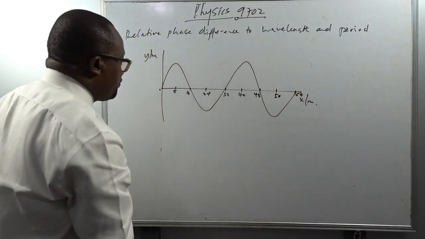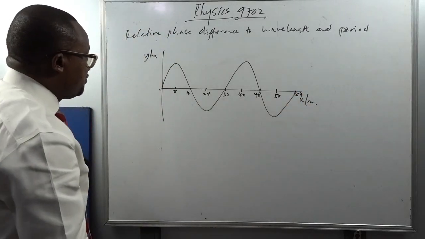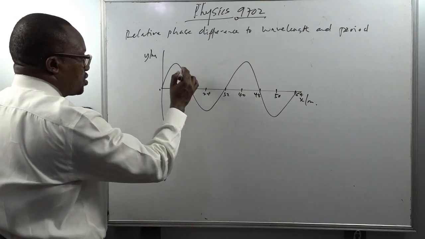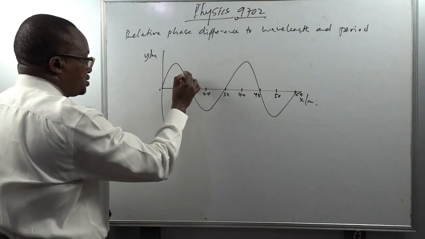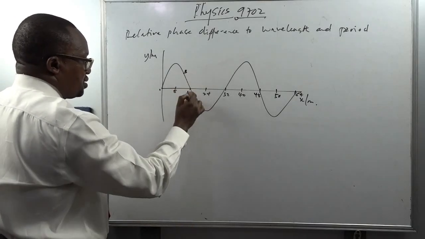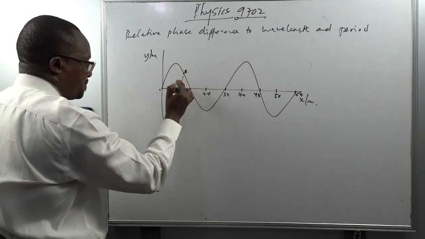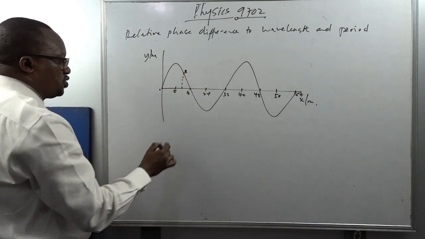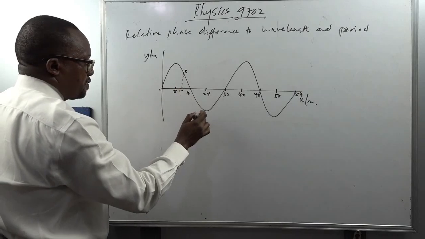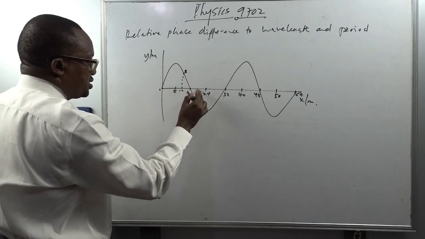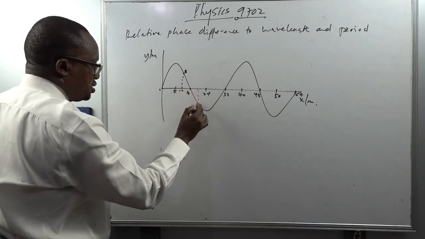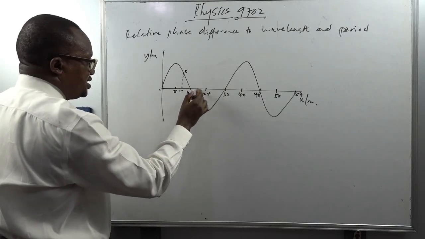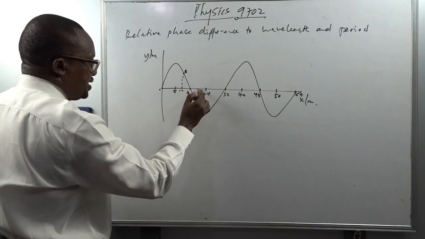And we are asked to find the phase difference between point B, which is at the distance of 12, and point C, which is at a distance of 18.